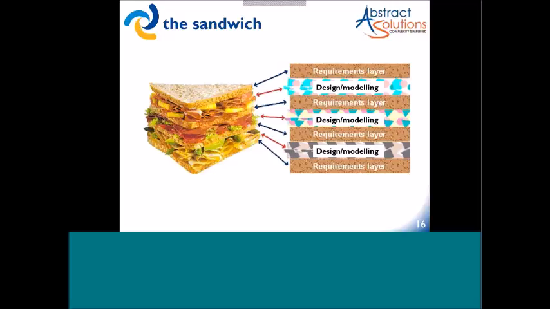And the bread in this club sandwich is meant to represent the layers of requirements, and the design and modeling activities is the filling in the sandwich that allows us to move from one layer of requirements to the next, and then from that layer to the next, systematically introducing the design of the solution.